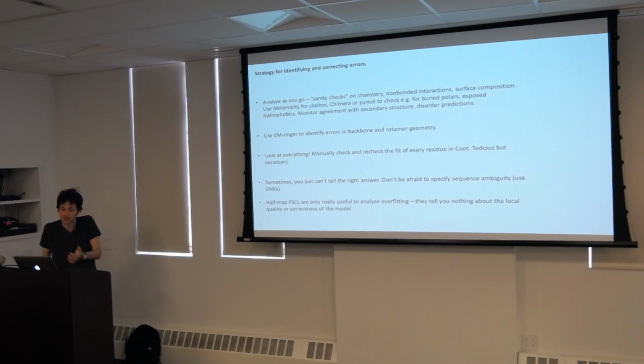And the other thing is be aware that sometimes you can know that you don't know, and that's okay. Don't be afraid to assign residues as unknown if you're not absolutely sure. I feel like it's better to err on the side of caution and make sure that all of the residues that are assigned in your model are right than risk having some that are assigned that are wrong.